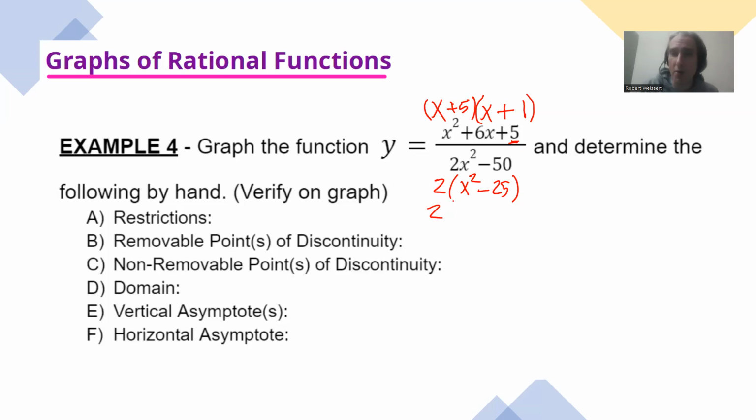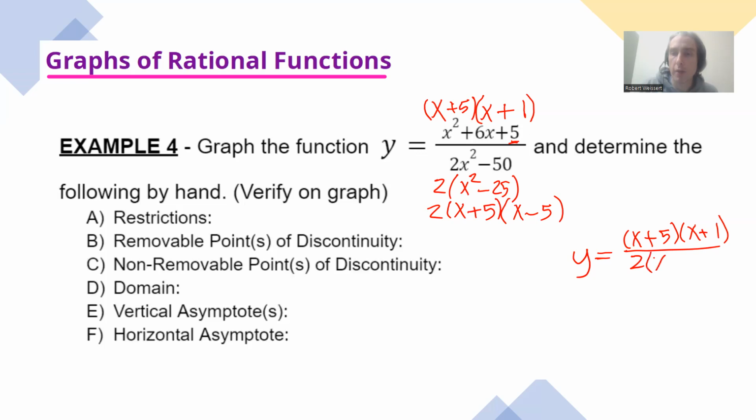That's a difference of squares, so that's going to be x plus 5, x minus 5. I'm going to write that cleaned up a little bit. y equals x plus 5, x plus 1, over 2, x plus 5, x minus 5.